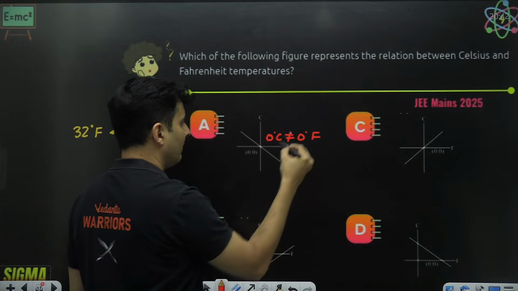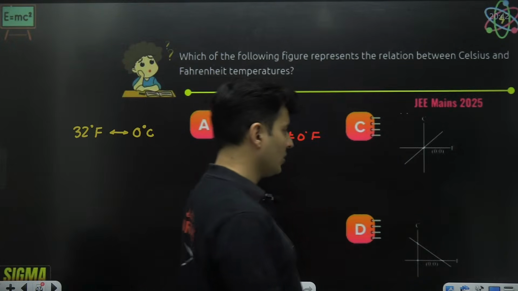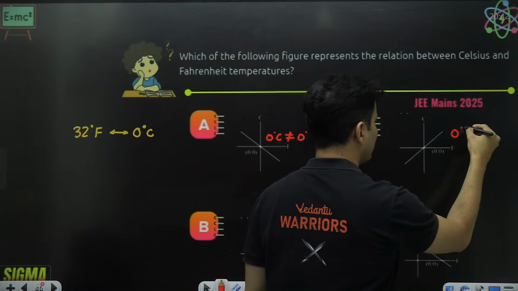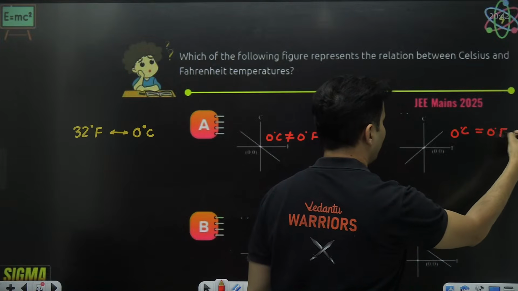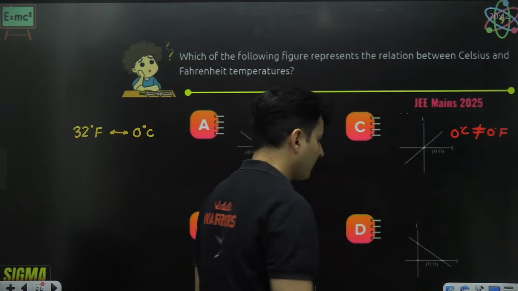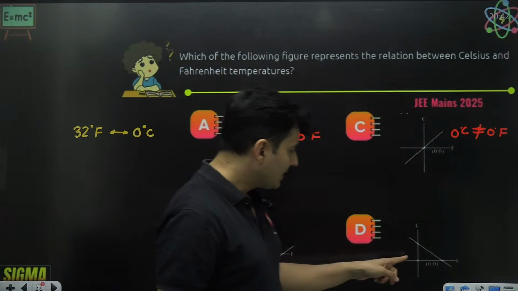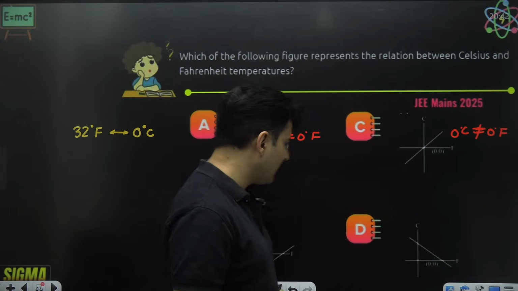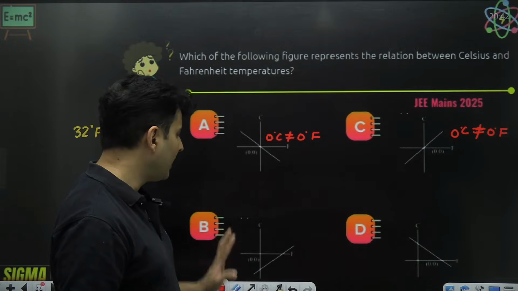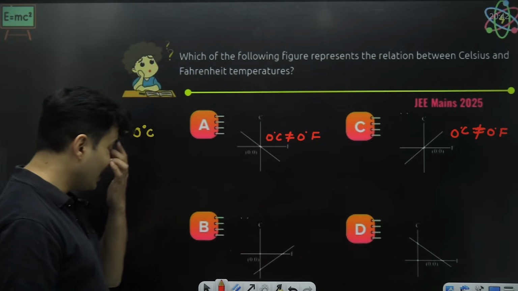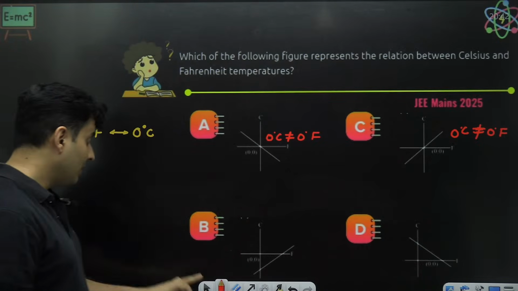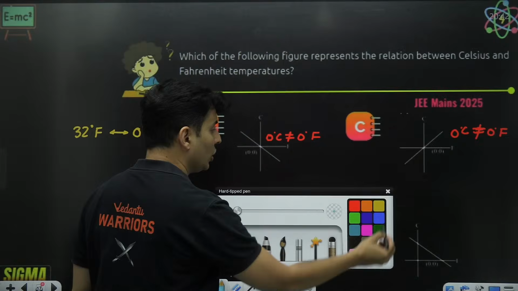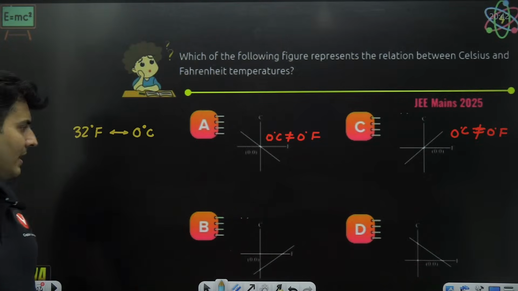This is definitely wrong. Here also, the same problem, 0 Celsius is 0 Fahrenheit. That cannot happen. What about this? When the Celsius scale is 0, Fahrenheit is there. So either C or D can be possible. But you have to think which of the two should be the right answer.